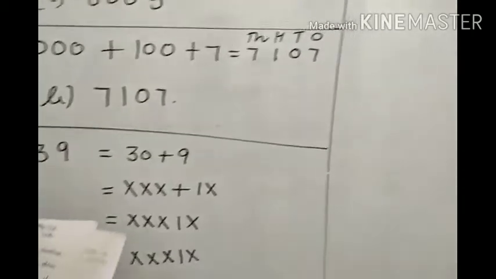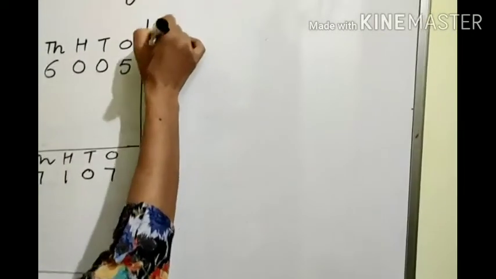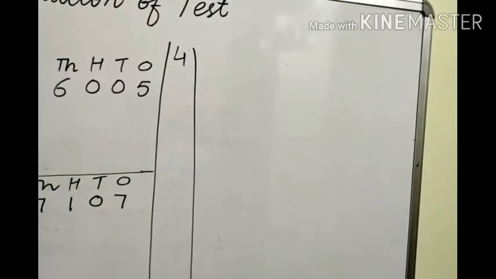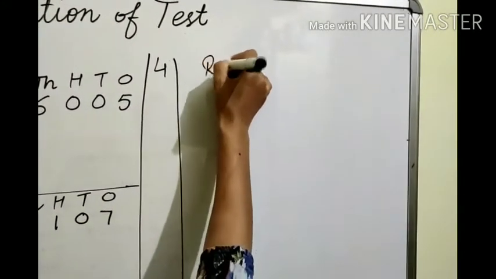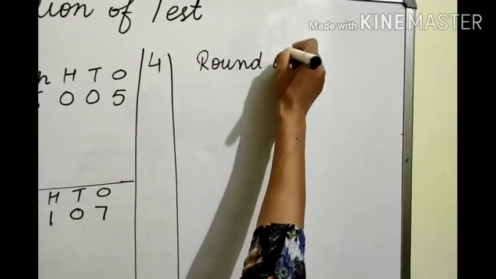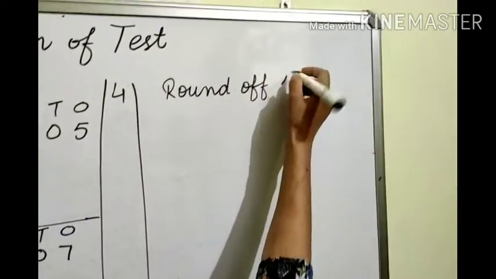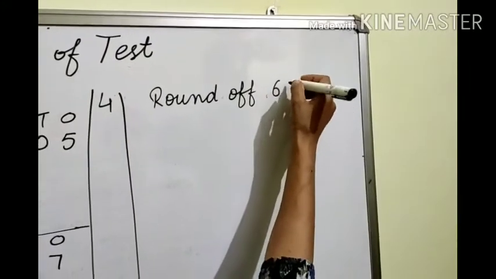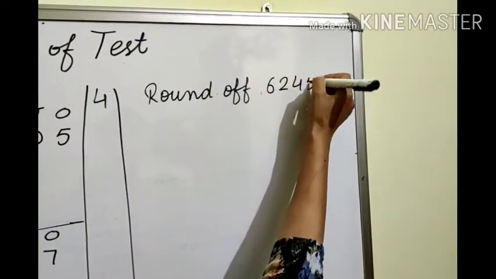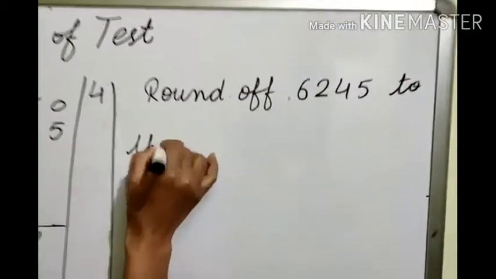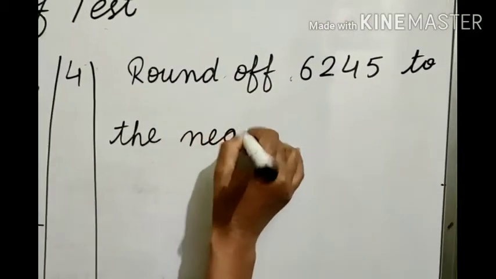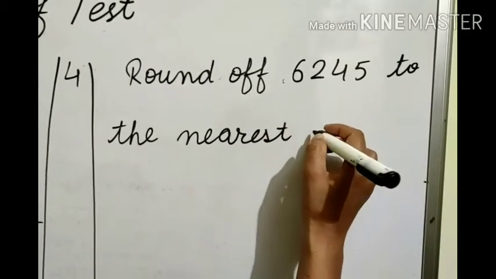Now question number 4. Round off 6245 to the nearest tens.